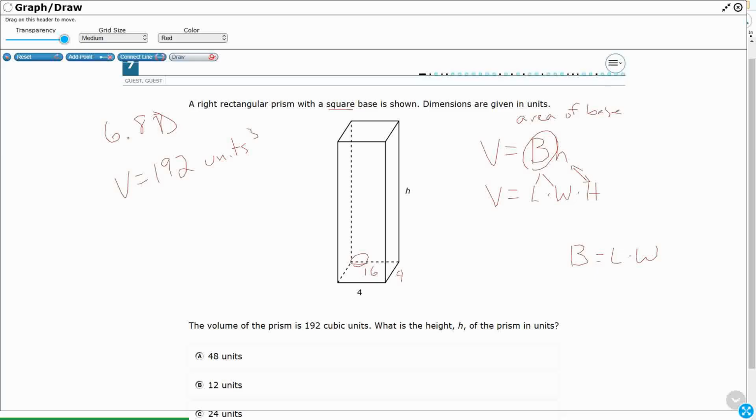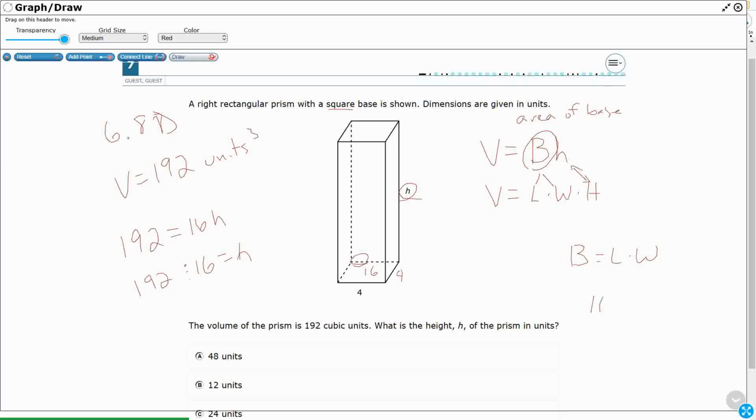So if volume equals 192, so I can say 192 equals my base times height, my base is 16, times my, we don't know, h. Okay, so 16 times what? It's going to give me a 192, right? Or I can just divide 192 by 16, and that would get me h, because multiplication and division are inverse operations.